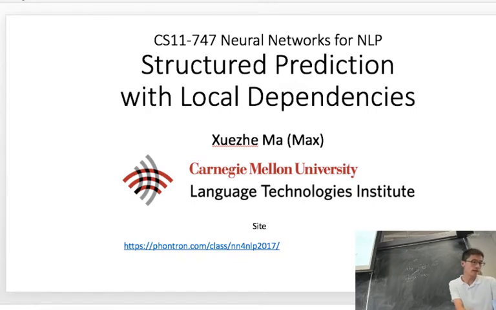For decoding, we need to find the output Y that maximizes the conditional distribution. For both of these problems, we need to go through the entire output space of Y, which grows exponentially with the length of the input sequence. But fortunately, for CRF, we have efficient algorithms to solve them.